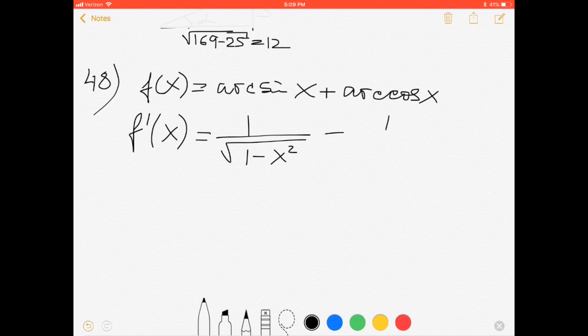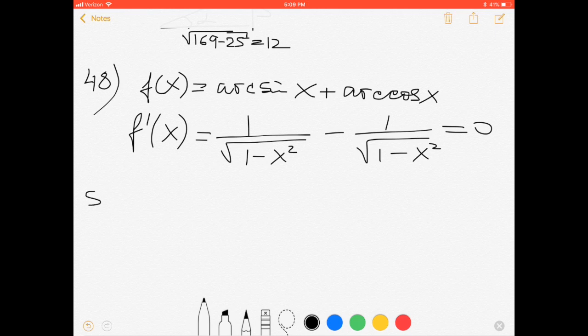The derivative of arccosine is minus 1 over square root of 1 minus x squared. This means the sum is equal to 0. It means the sum of arcsine plus arccosine is always constant because the derivative is equal to 0.